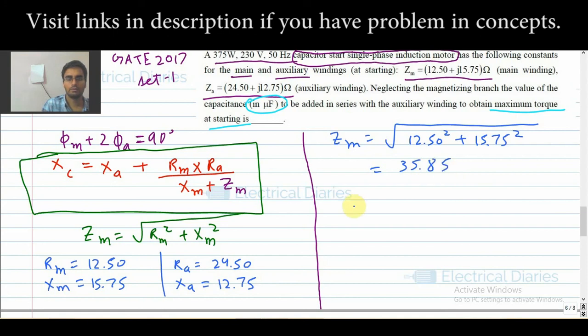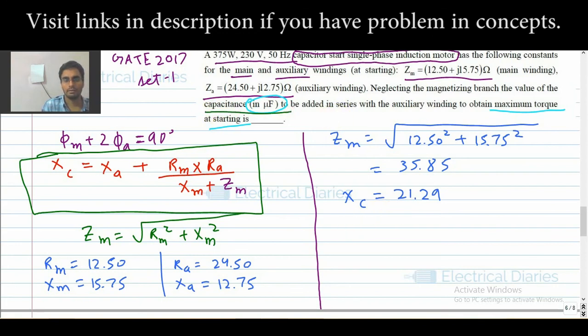On putting this, you will find Xc as 21.29. Now this is Xc, but in the question it is asked for capacitance, so don't make this silly mistake.